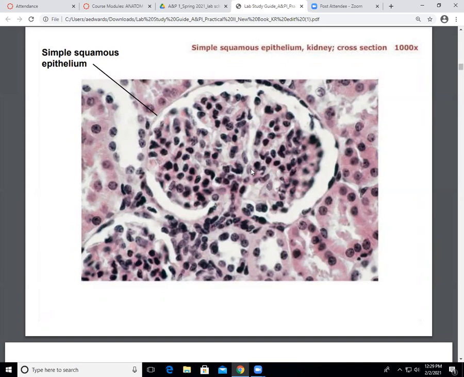That one layer, okay? Those cells are flat, they're squamous, and it's just one layer, so simple squamous, right? So we're just looking at those cells. All right.